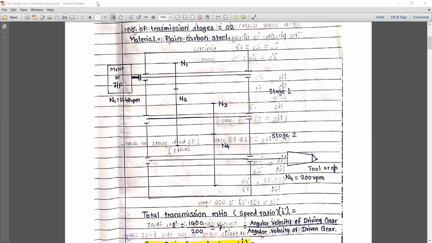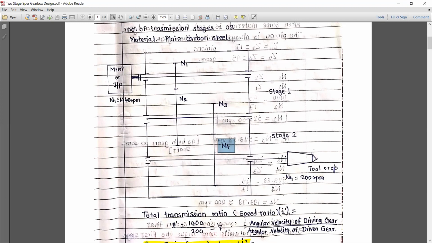I have mentioned here N1, N2, N3 and N4, the speeds of gears 1, 2, 3, 4. Gear number 1 is a pinion, gear number 2 is a gear, 3 is a pinion, 4 is a gear. So small, big, like that.